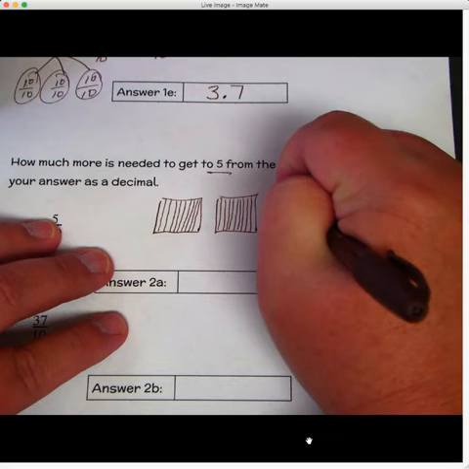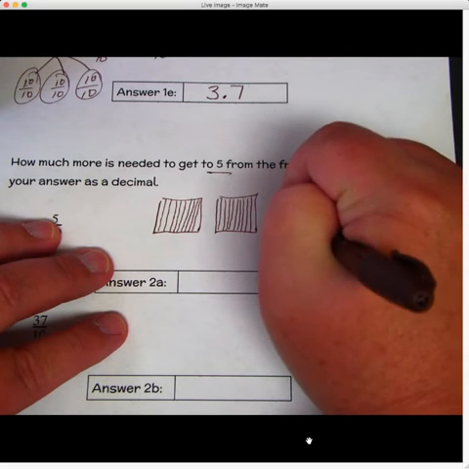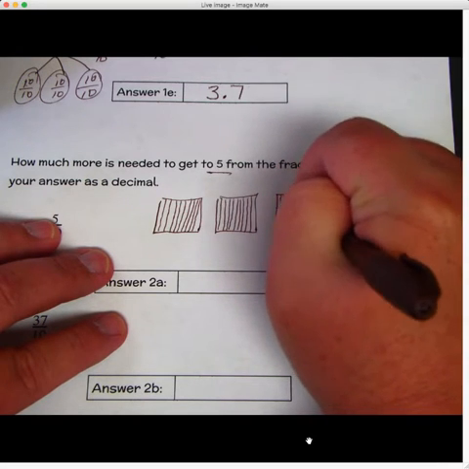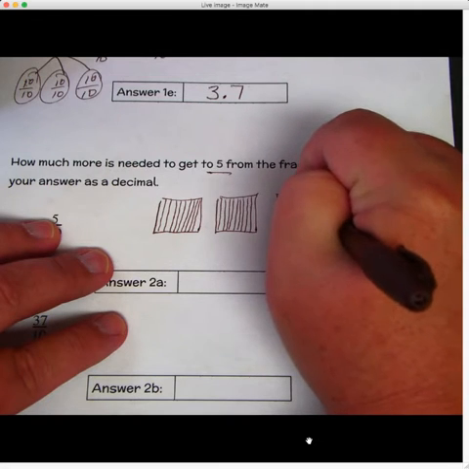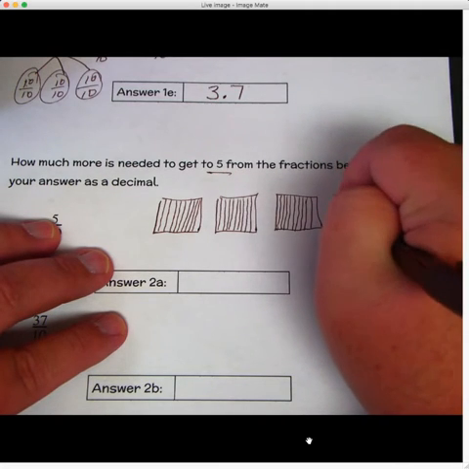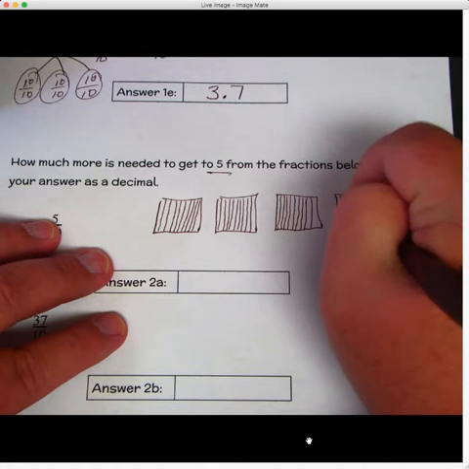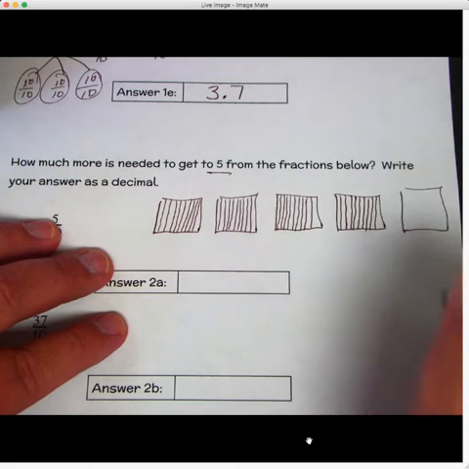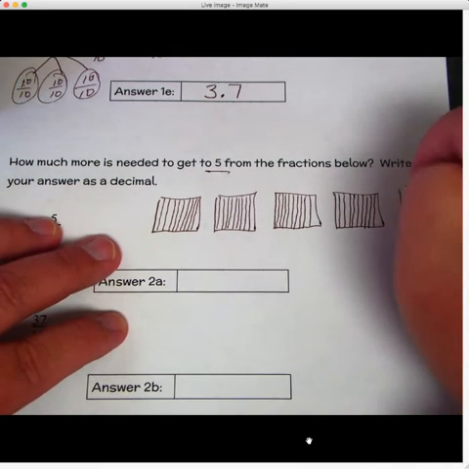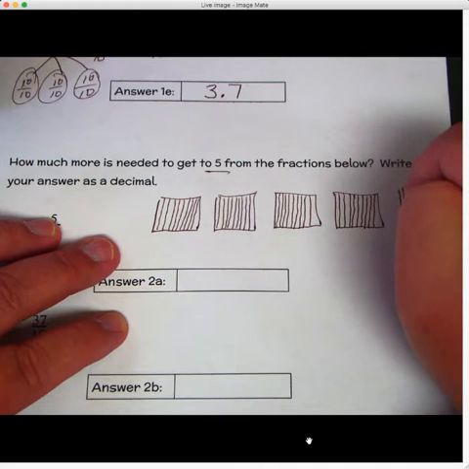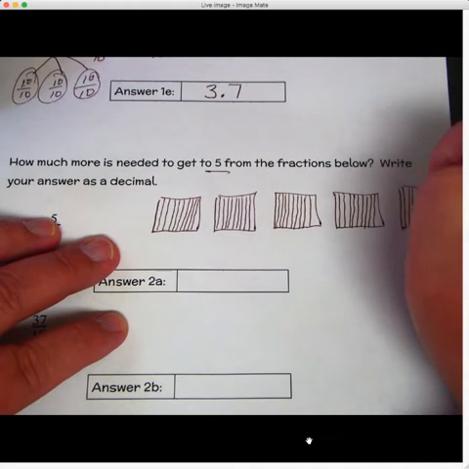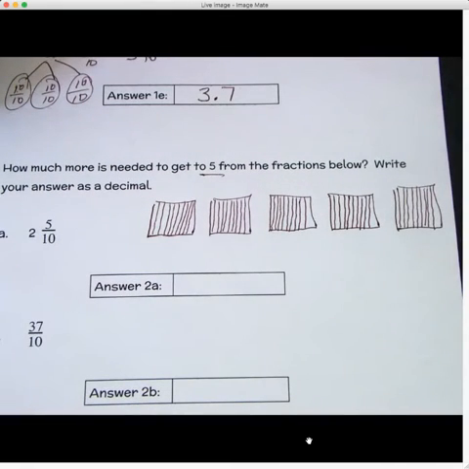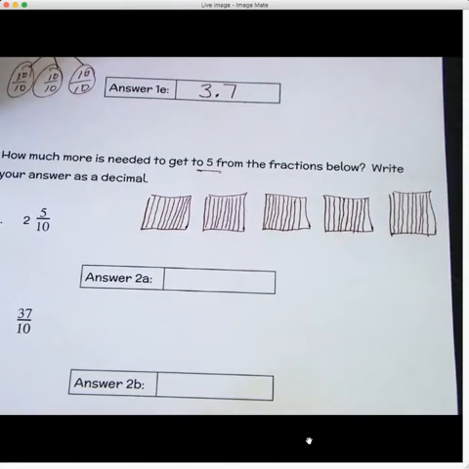So I'm dividing these into tenths. It's kind of hard to see, but there we go. Now I've got 5 because we're trying to get to 5.